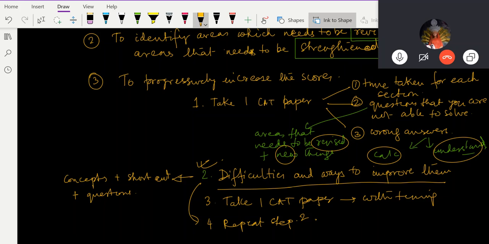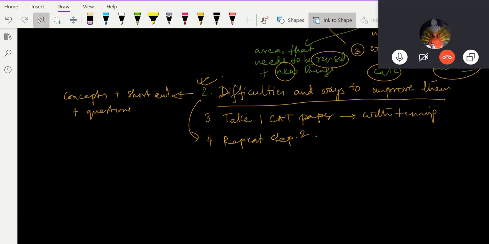After this we will start going through section-wise exercises, not mock tests. Mock tests will come later. Section-wise exercises to see whether this is improving your speed and accuracy, section wise.